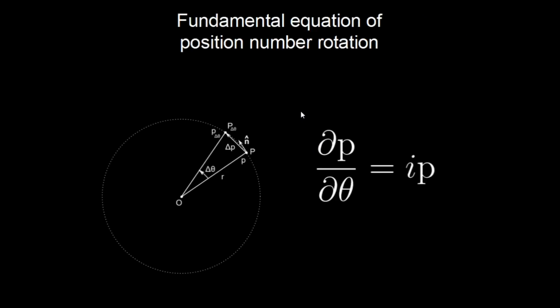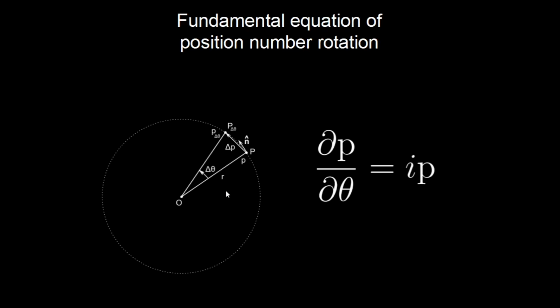Next, about the fundamental equation of position number rotation. For representing the same point, rotation number has the same direction and magnitude as those of the position vector. Thus, the methodology for deriving the fundamental equation is identical to that of the position vector.